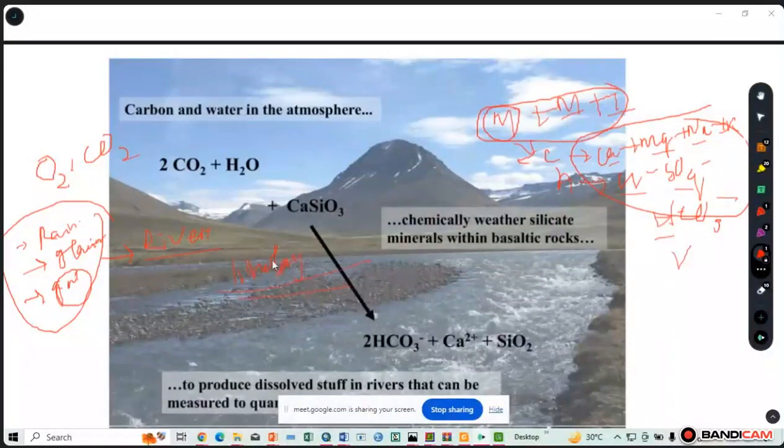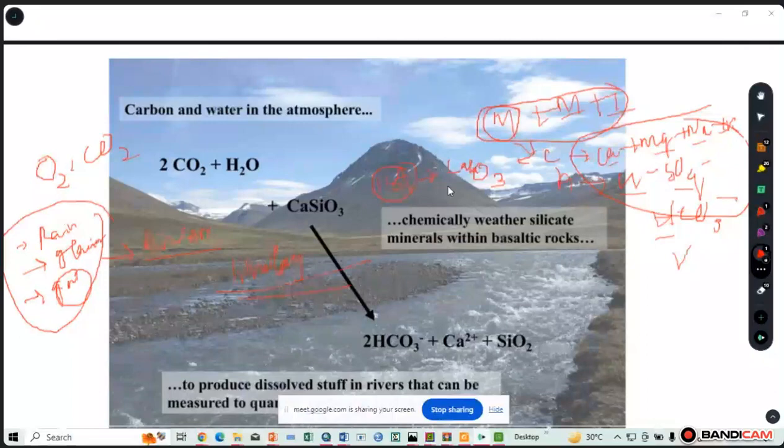That means, suppose this lithology may be limestone. The composition of the limestone is CaCO3. Suppose when rainfall occurs in that area, what happens?